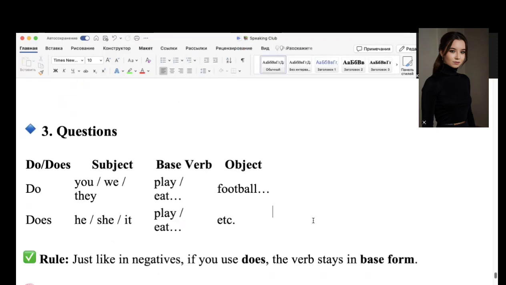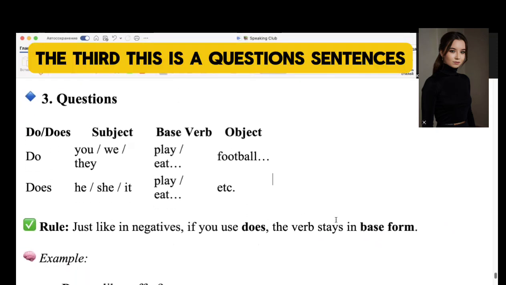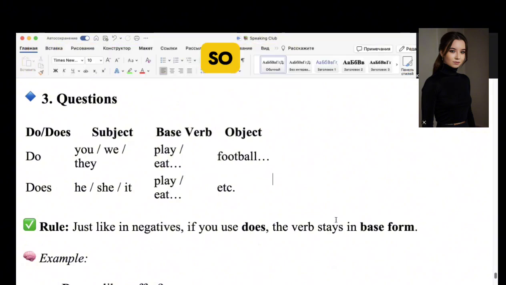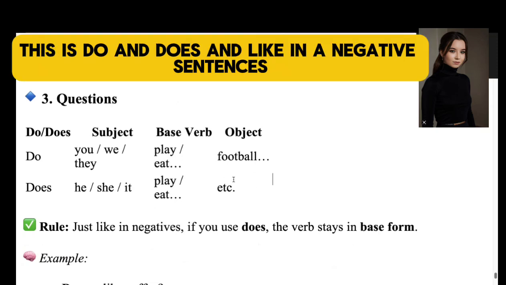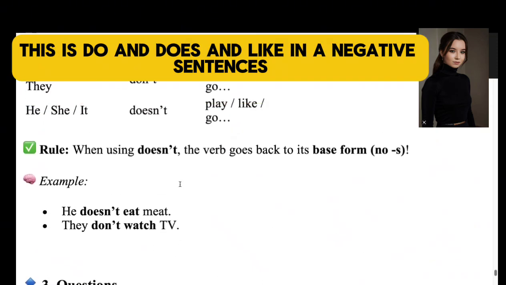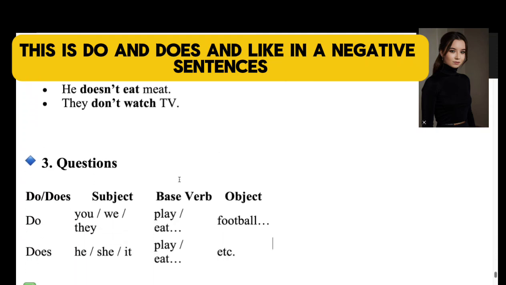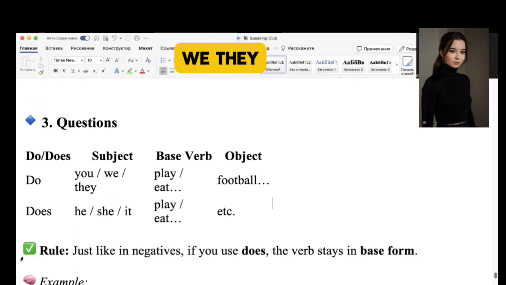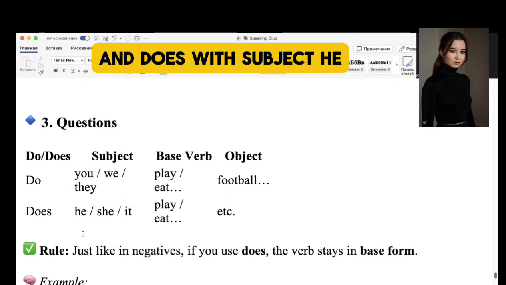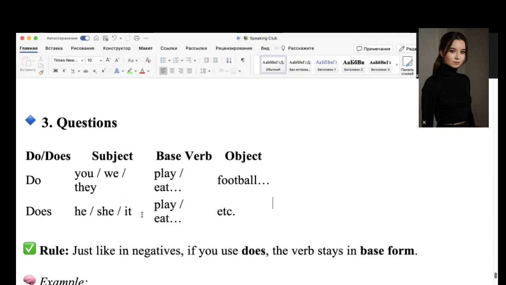And the third is question sentences. So we need to use helper verbs too. This is do and does, and like in negative sentences, we use do with I, you, we, they, and does with he, she, it.